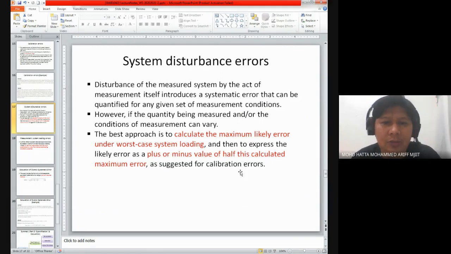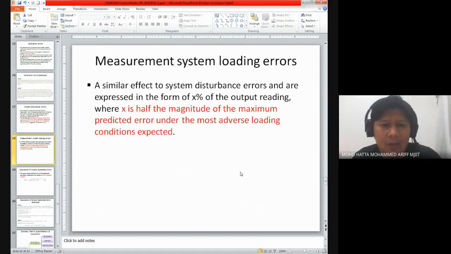The best approach is to calculate the maximum likely error under worst case system loading conditions. So to quantify the measurement error, we take the maximum likely error first, and then take half of the calculated maximum likely error and put it as plus and minus, same as suggested for calibration error. And I think this is also the same.